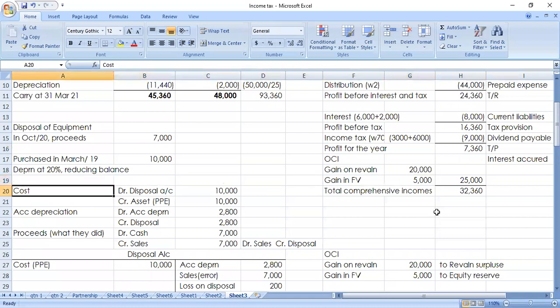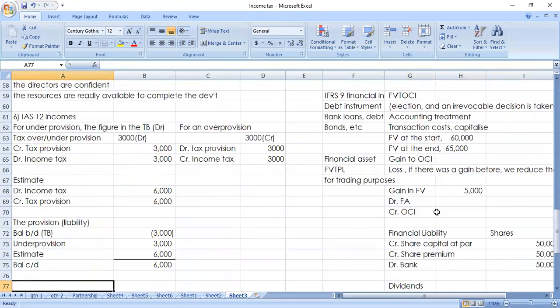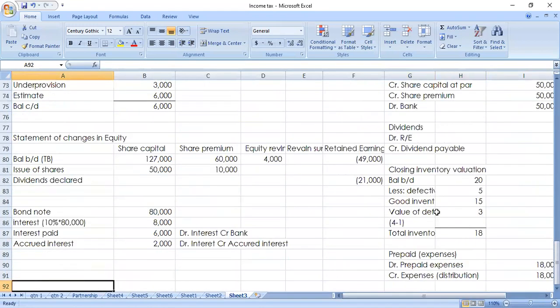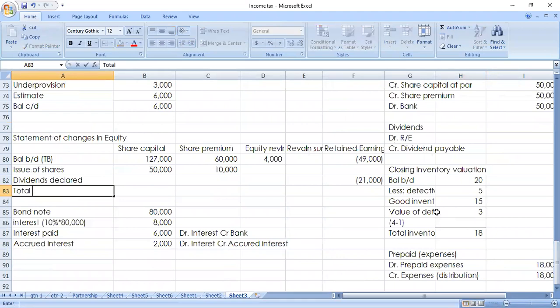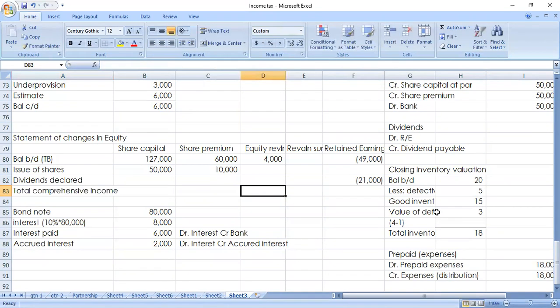So we'll come under changes in equity. Yeah, and you say total comprehensive income. Okay, here we have 5,000. Revaluation surplus, we have 20. Then for retained earnings, the profit was, I think, 7,360.